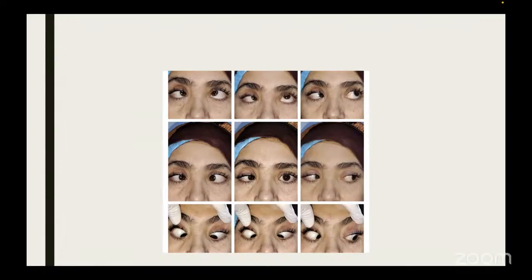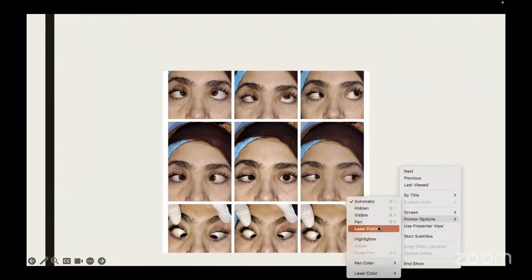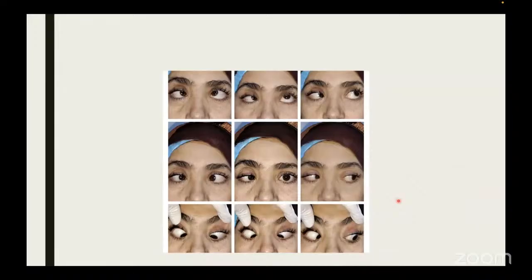But if we talk about dextroelevation, the right eye has no action, and the left eye is fine. Then in elevation, the left eye is elevating, but the right eye is not elevating. Rather, it's moving inward and having less elevation.